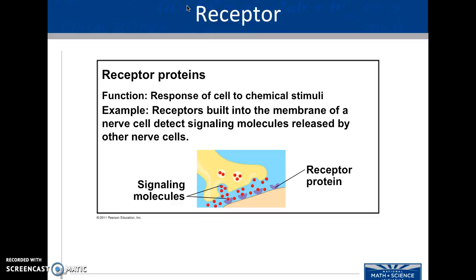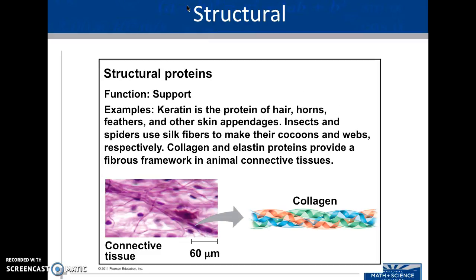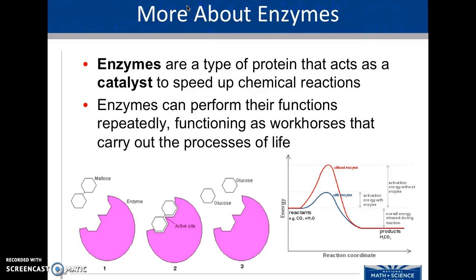This is going to be receptor proteins, and the signaling molecules are also proteins. It'll also provide structural support, so keratin in our hairs, collagen in our skin, any connective tissue, these are all proteins. A little bit more about enzymes, and we will probably do a lab about this because this is super important in the AP curriculum.